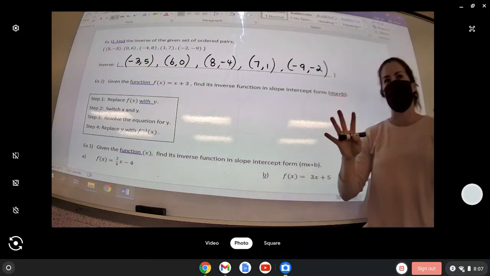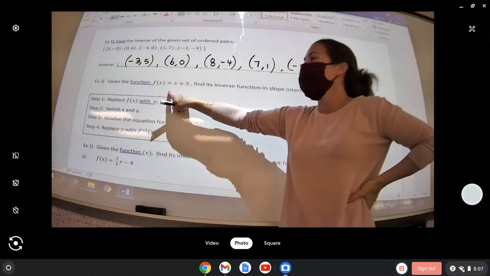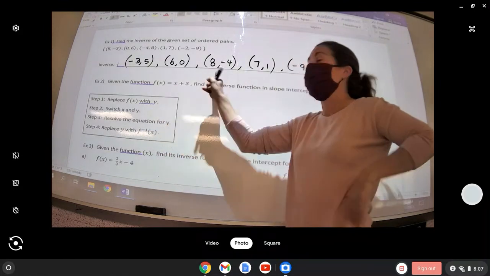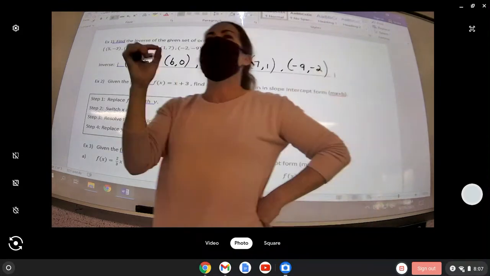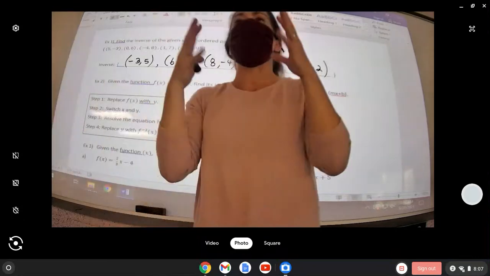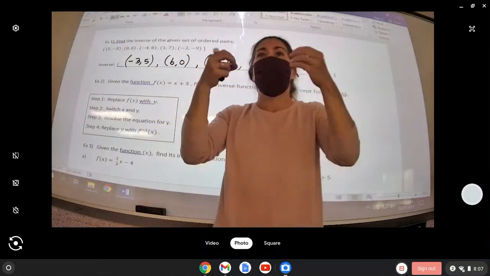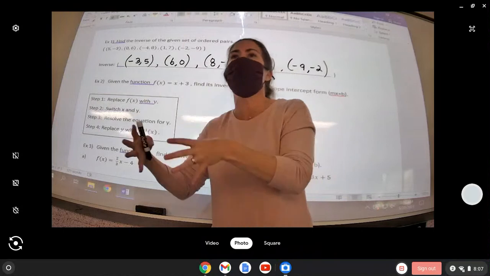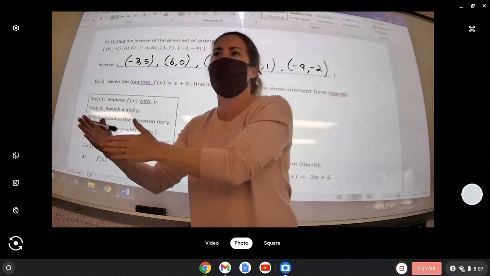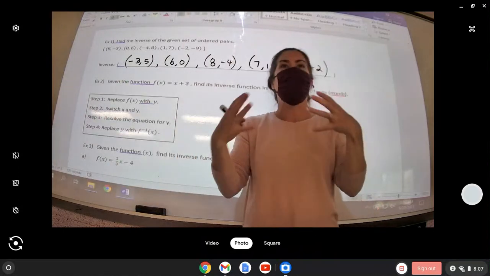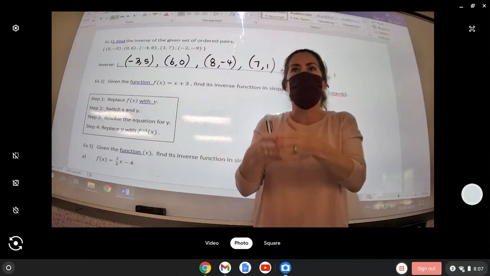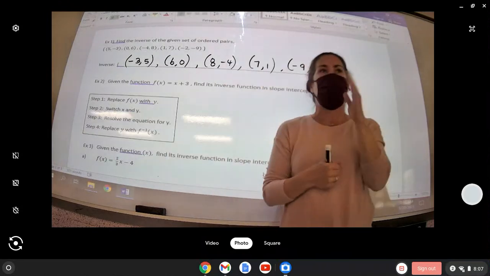All right, well, guys, think about this. Look at this function right now. You're going to plug a number in and add 3 to it, okay? Can anybody think, what would the inverse function possibly have to do to undo this function adding 3? Can anybody think what operation in math would undo adding 3 to something? Does anybody know?